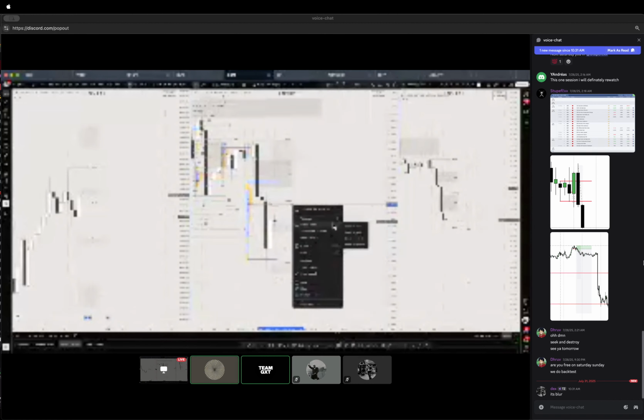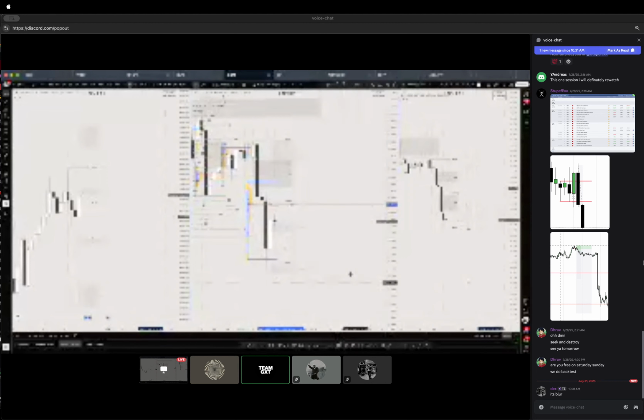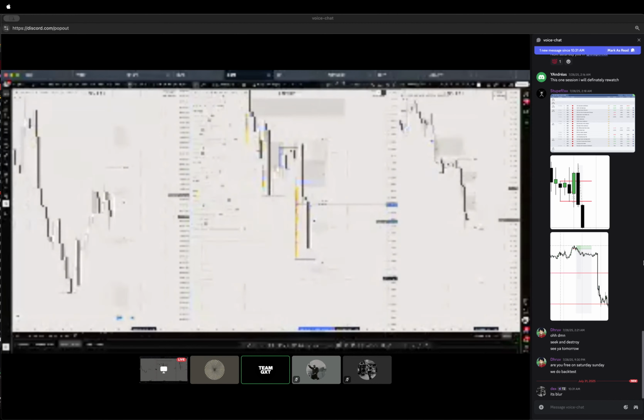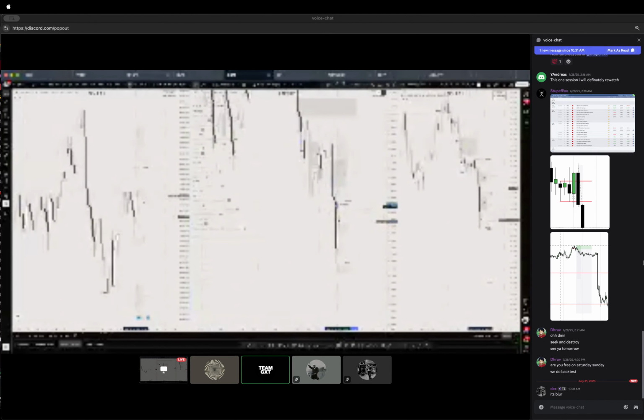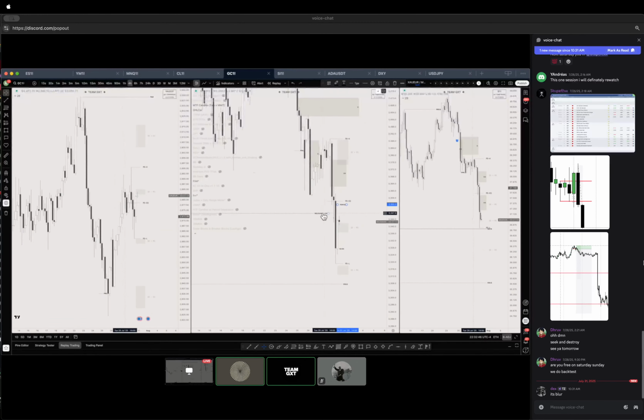I will mark that out. This is just high volume area. That's all it is. You can see it right here, highest volume area of the previous day. So that's likely where there's institutional volume injection to sweep this liquidity here.